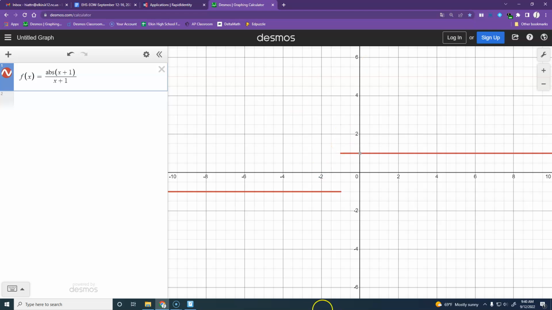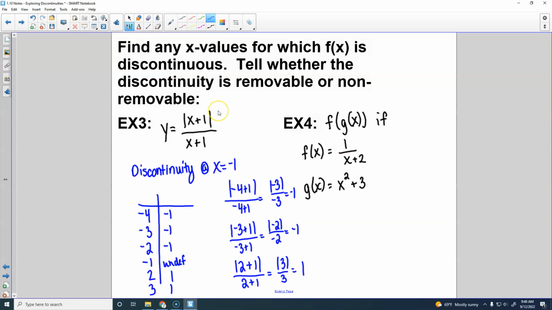So, if you see something like this with the absolute value where it almost cancels but doesn't quite, this is going to be a non-removable and specifically a jump in the graph.